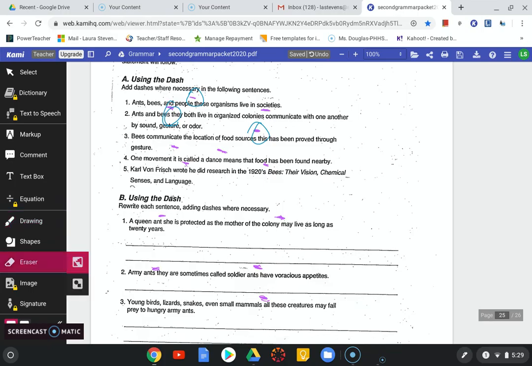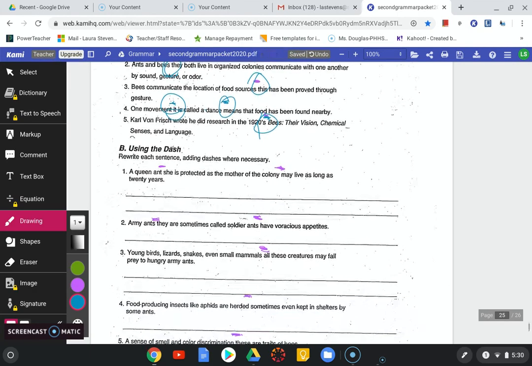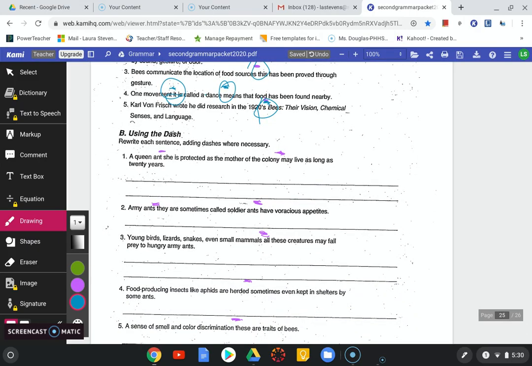I'm sorry. I hope my video doesn't end. I need this video not to end. One movement dash. It is called a dance. Means that food. Okay, I see. And then there's one here, right? And then just check that you have your dashes.